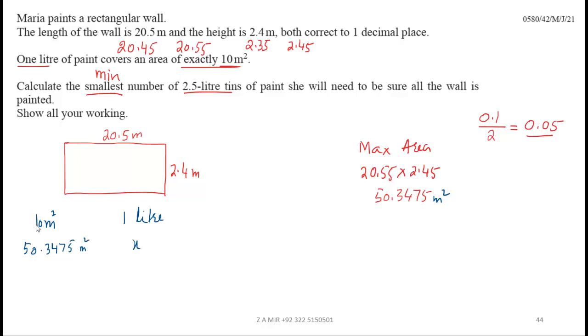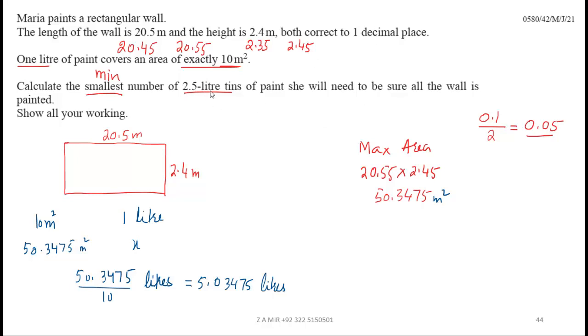By cross multiplication, it will be 50.3475 divided by 10. So 5.03475 liters of paint is required to paint all the wall.